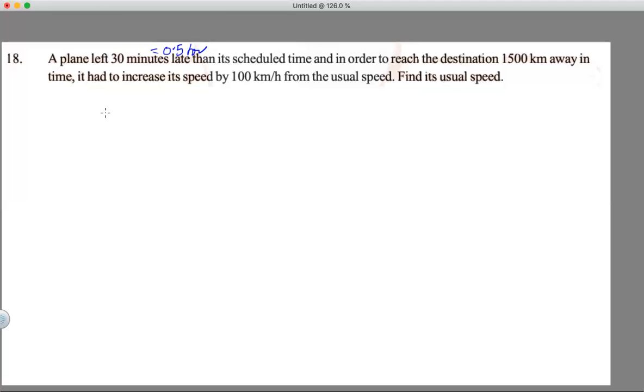Okay. So let's do that. इसको let the usual speed be x.